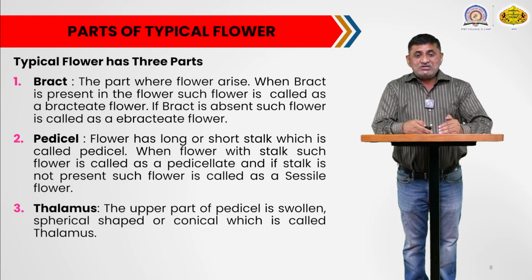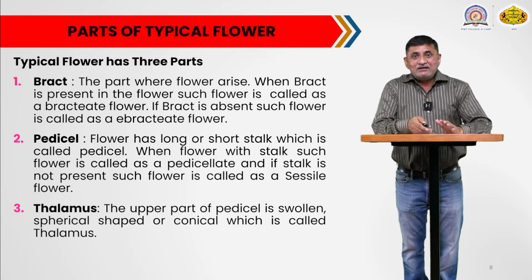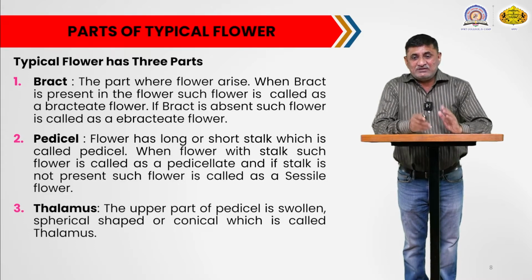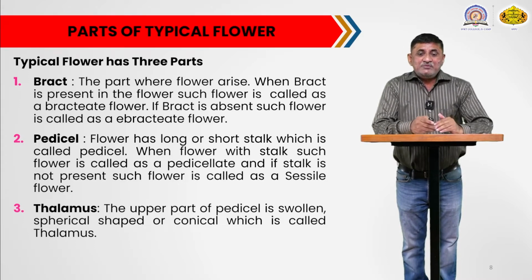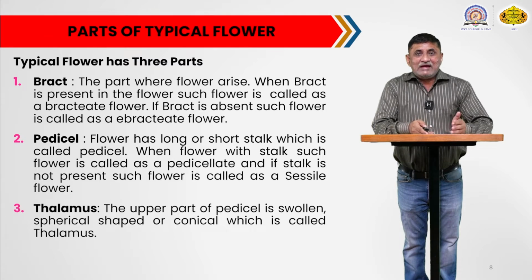The thalamus is nothing but the upper tip or upper part of the pedicel that is somewhat swollen or flat. Sometimes it may be cup-shaped, spherical or conical, and this apical portion of the pedicel is called the thalamus.